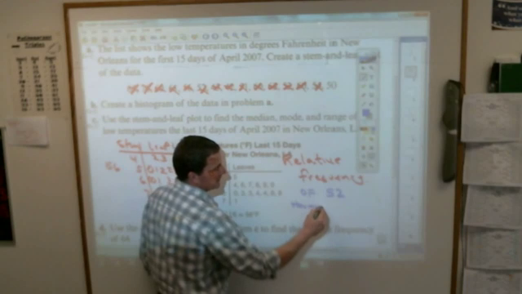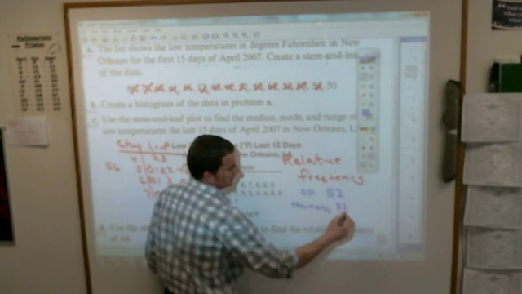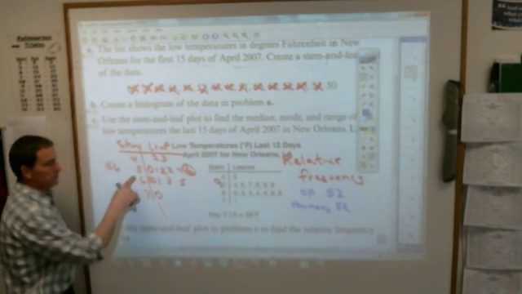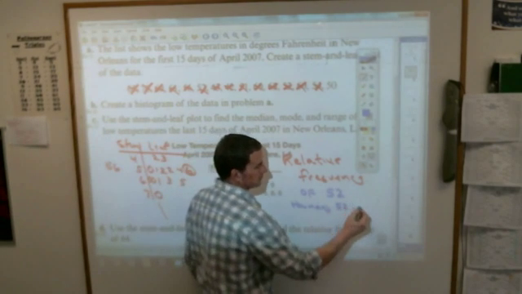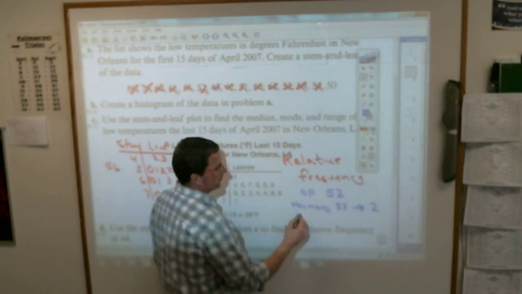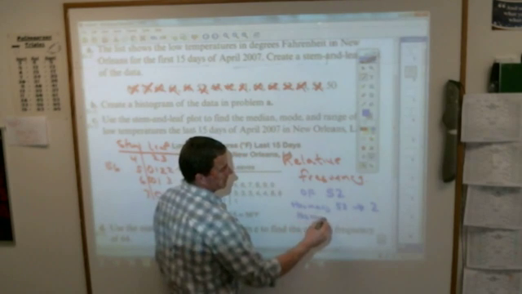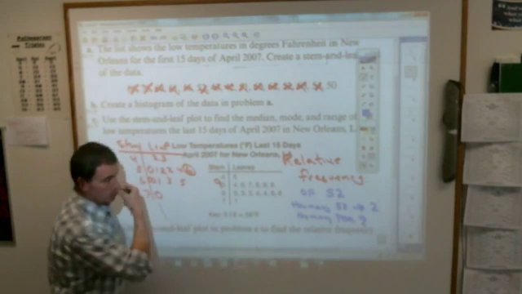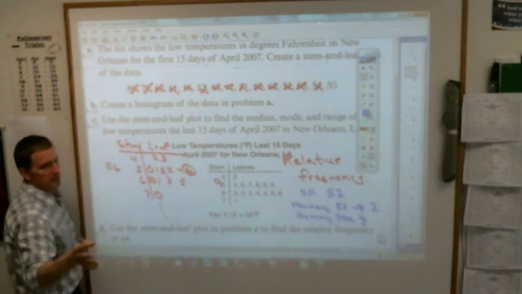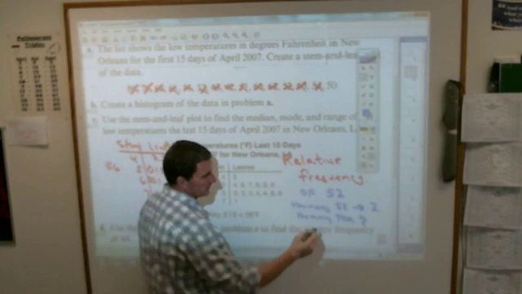How many 52s did I have on my stem and leaf plot? 2, over how many total? How many total data things did I have? I already said it was 15.